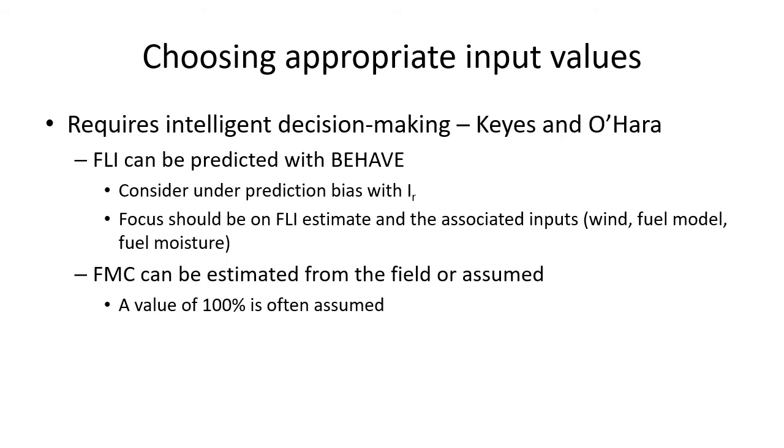And then we also need to understand that fire line intensity is associated with whatever inputs we put in there. So a lot of times when we do this, we might want to use something like the 95th percentile weather conditions. So that would be like the weather conditions for a particular site that are as extreme or more extreme than 95% of the days at that particular site.